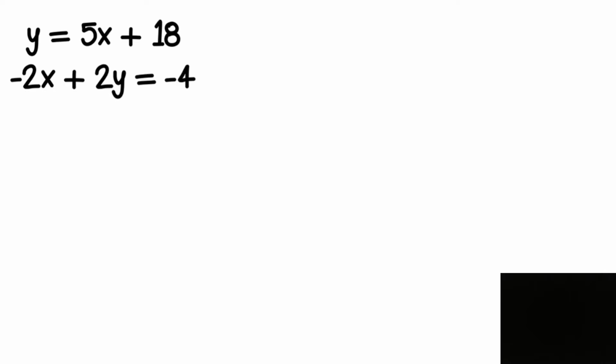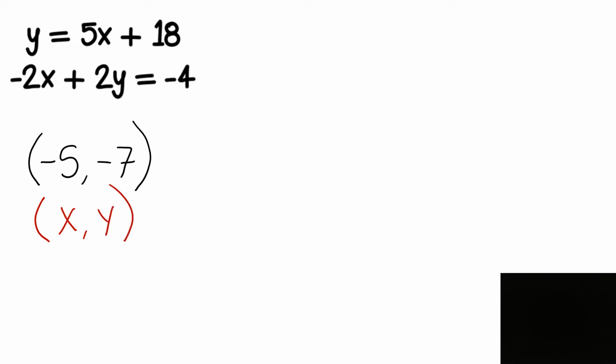For our third problem, we have the equation y equals 5x plus 18, followed by negative 2x plus 2y equals negative 4. Looking at all of our answer choices, I'm going to start with the negative 5 and the negative 7. We label our points x and y. Substituting them into the first equation, y equals 5x plus 18 first.